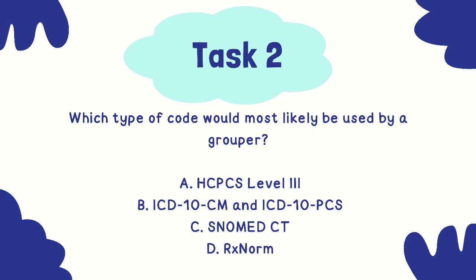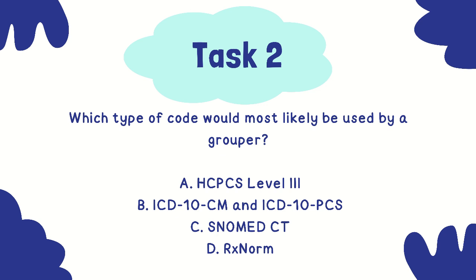All right, next question. What type of code would most likely be used by a grouper? The grouper takes the codes and groups them together for purposes of reimbursement. First, we have not talked about RxNorm or SNOMED, so you can eliminate those two.